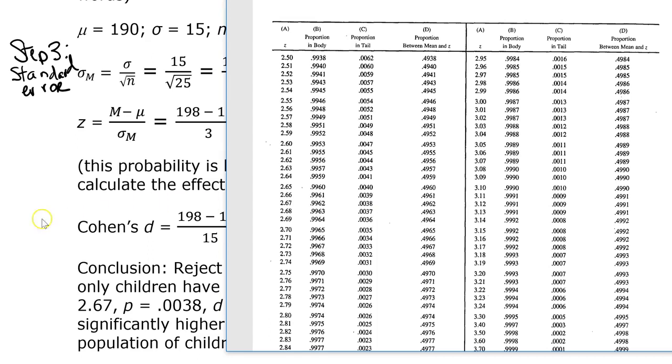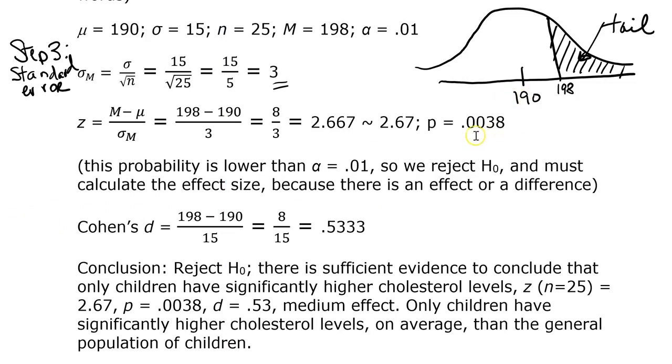All right, let's come back to our problem. 0.0038. This probability is lower than alpha 0.01. So here's our decision, step 4. We make the decision: we reject the null. And now, remember, we must calculate the effect size because there is an effect, there is a difference here.